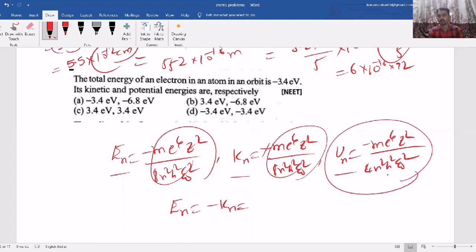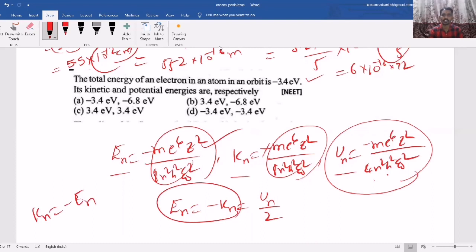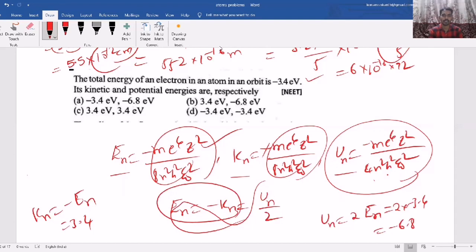But if you divide this with 2, 2 4s are 8, total energy will come. That means total energy is half of the potential energy. So total energy minus 3.4 means from this, kinetic energy is minus of total energy. So minus of minus plus. So kinetic energy will become 3.4. And if you equate these two, the potential energy will become 2 times total energy. That means 2 times minus 3.4, that is 6.8.